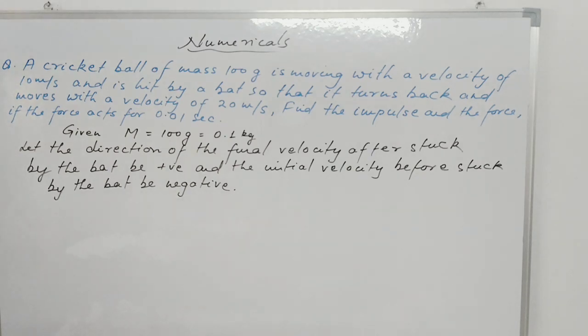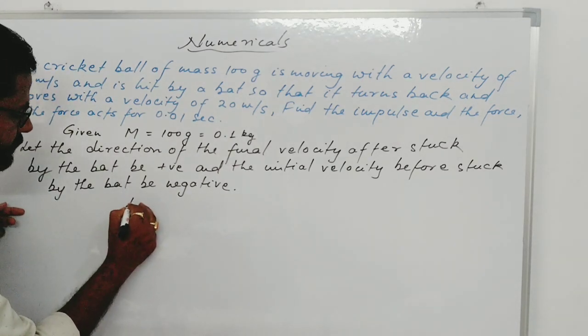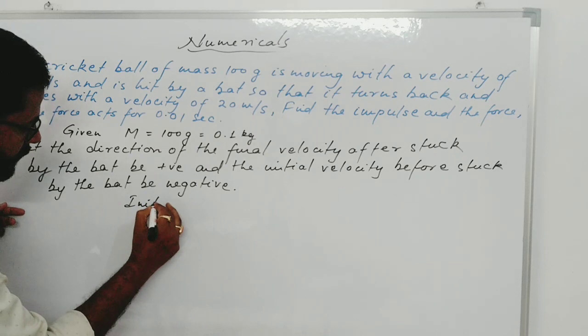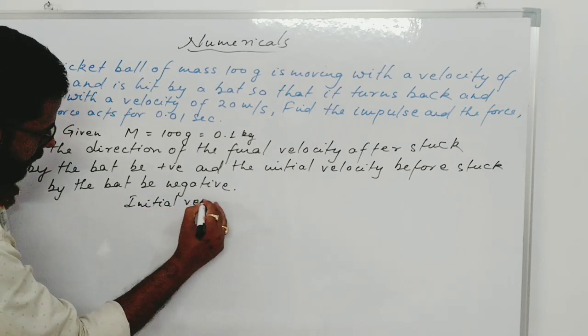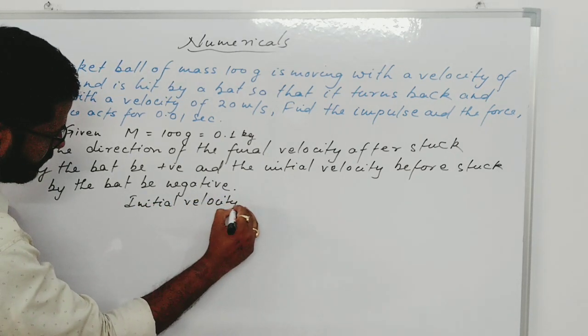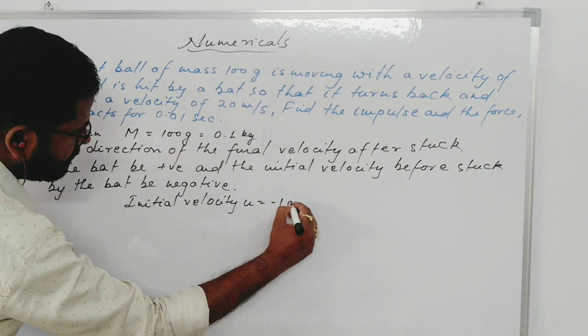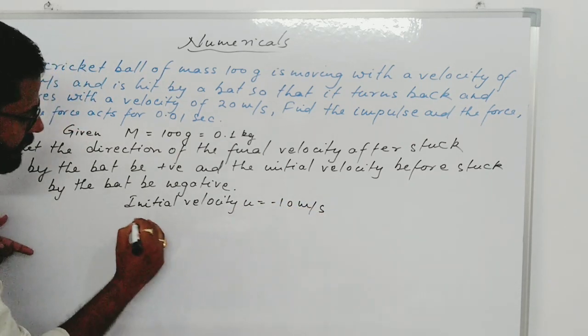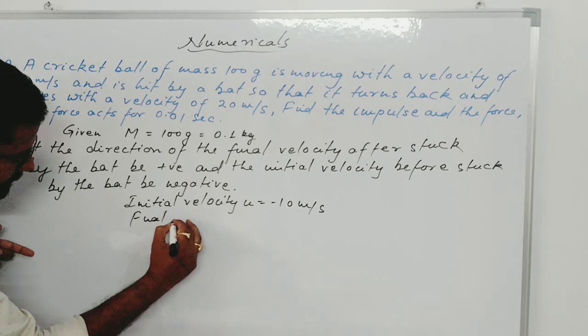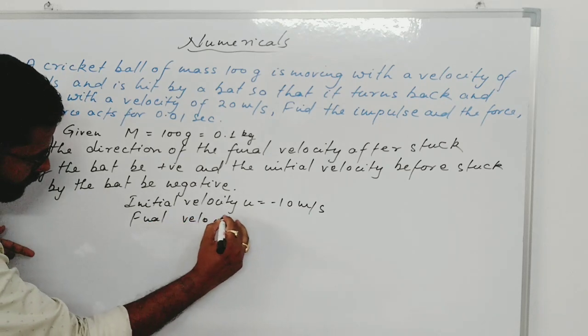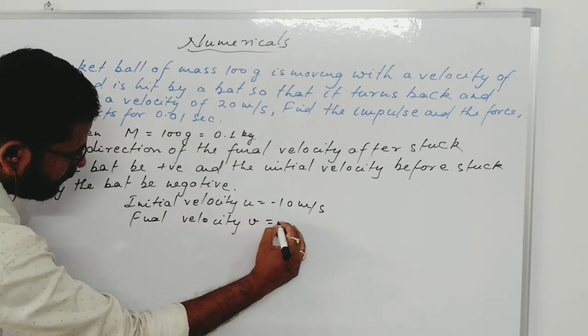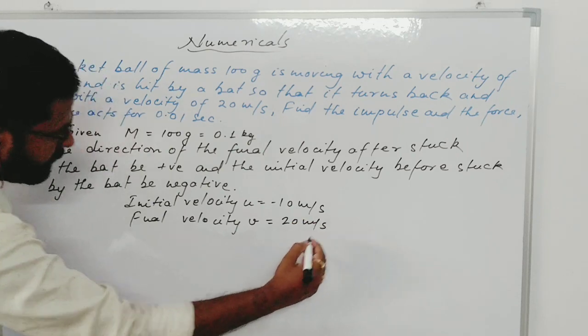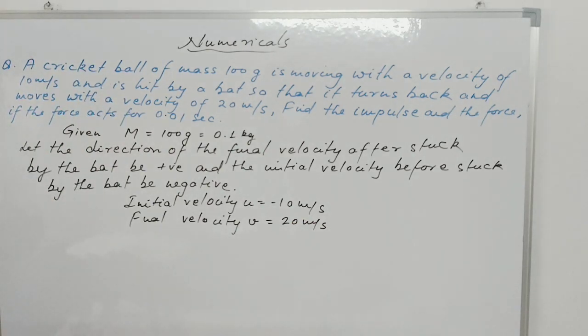Got it? Now, initial velocity u is equal to minus 10 meter per second, and final velocity v is equal to 20 meter per second. Got it?